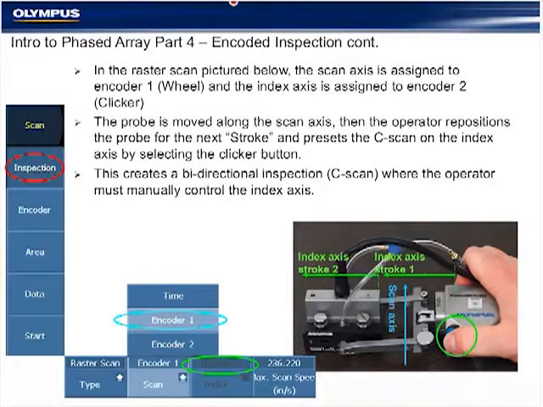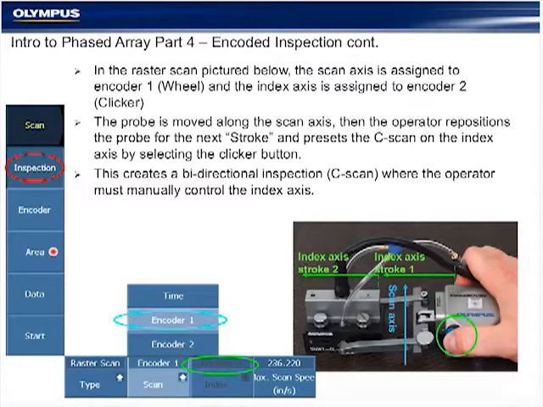So no matter what we do, after configuration of the UT and phase array, we configure the encoder or scanner to record the data. If we tell the software the orientation and position of the probe and configure our area and C-scan correctly, our data will accurately represent what's intended for the inspection.